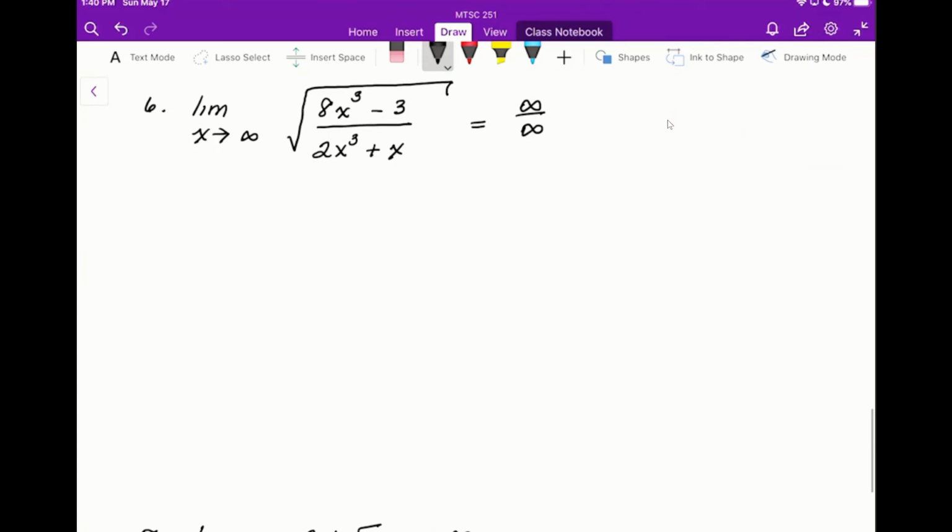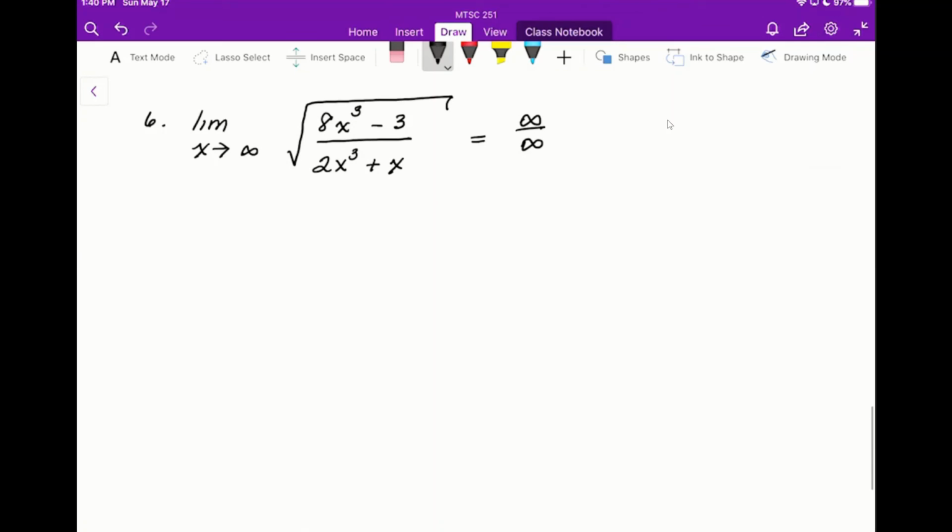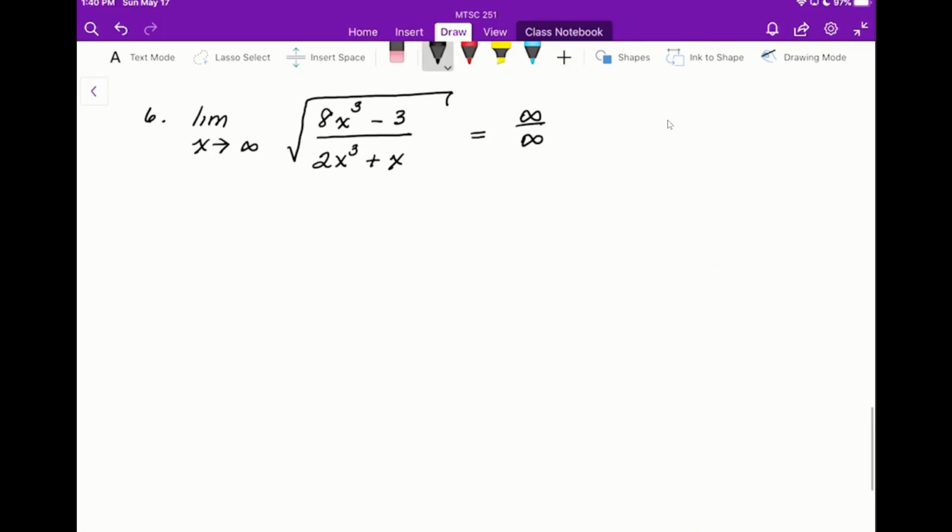In this problem, we also get infinity over infinity, our indeterminate form. So we're going to, again, divide by the highest power of x. So we get the limit as x approaches infinity.